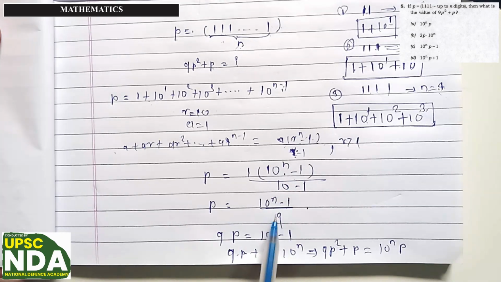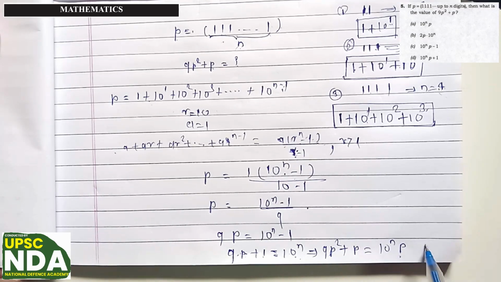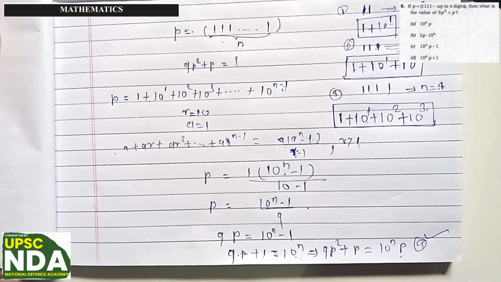After transferring 9 across, 9p plus 1 equals 10 raised to n. So 9p square plus p, multiplying p on both sides, equals 10 raised to n into p. This is given in option A, so option A is correct.